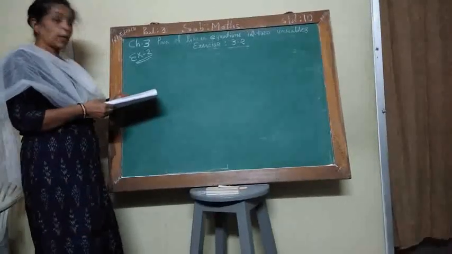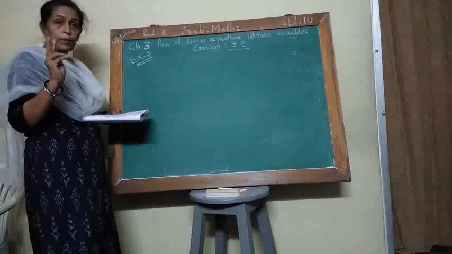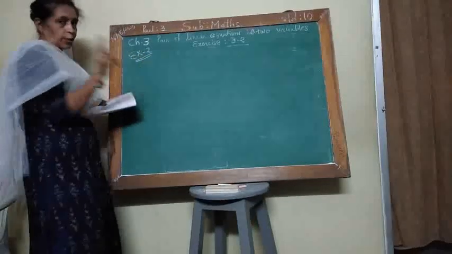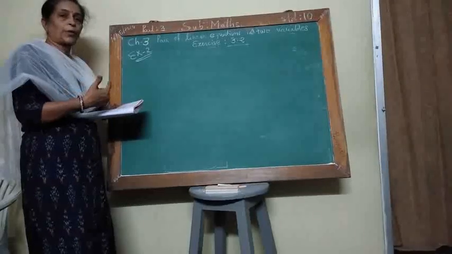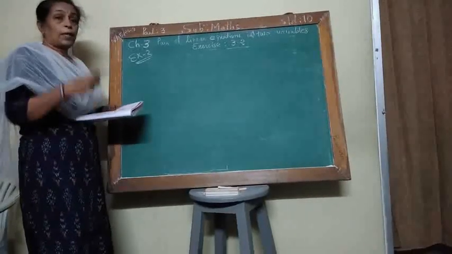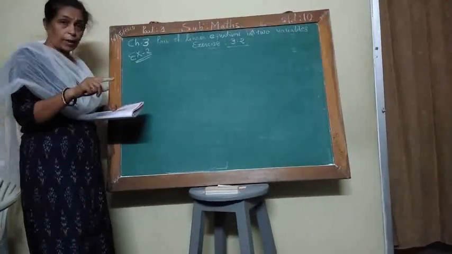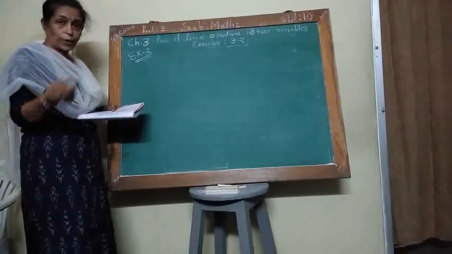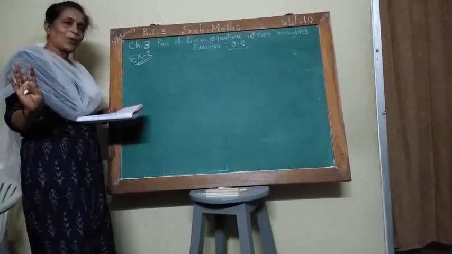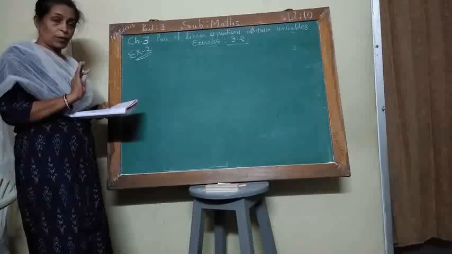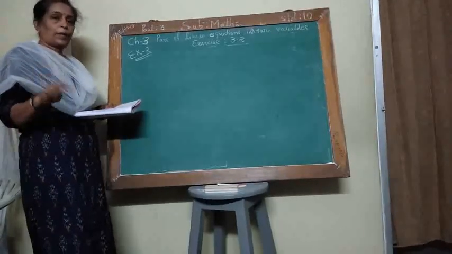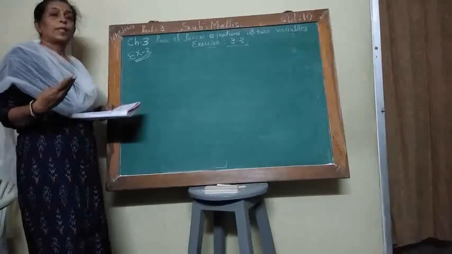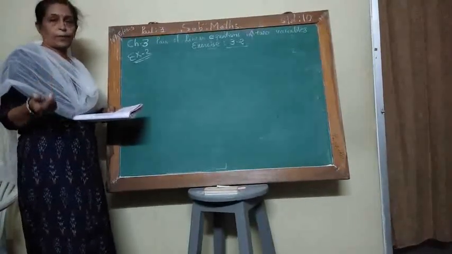So there are 3 sums. Each has 2 pairs of equations. And observing the ratios, you have to predict whether the lines intersect at one point, or they are parallel or coincident. Only that you have to predict. You do not have to draw the graph. Only you have to say which type of intersection the 2 lines have.